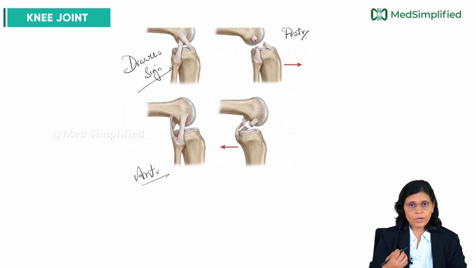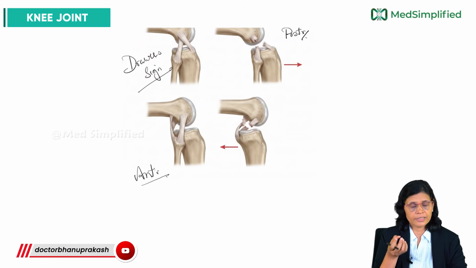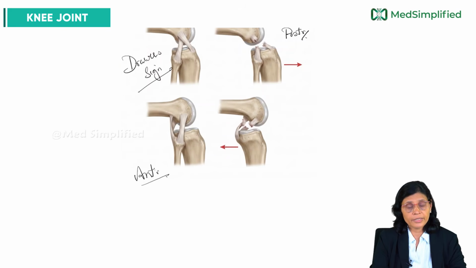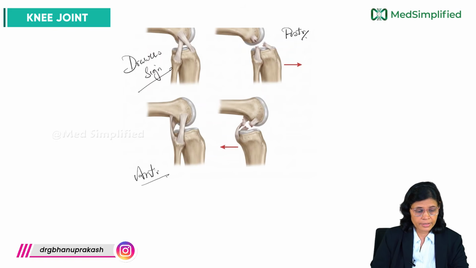So it is called the anterior drawer sign, the tibia gets dislocated anteriorly, whereas the posterior drawer sign is when there is a posterior cruciate ligament tear. What happens there? The tibia is pushed excessively backwards. So that is known as the posterior drawer sign.